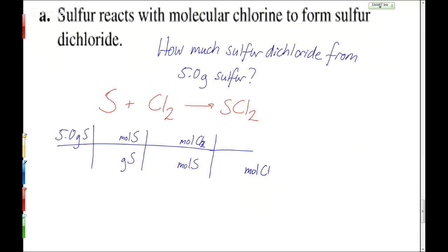And then from moles of chlorine to grams of chlorine. All right, we can fill in these numbers from the equation in the middle. That's our mole ratio. Then our molar mass we can look up on the periodic table, 32 grams of sulfur per mole. Chlorine, 35.5 times 2 is like 71. If you want to be more precise, that's fine.